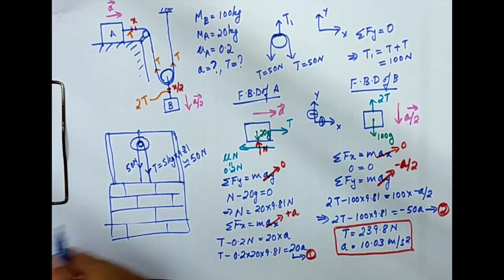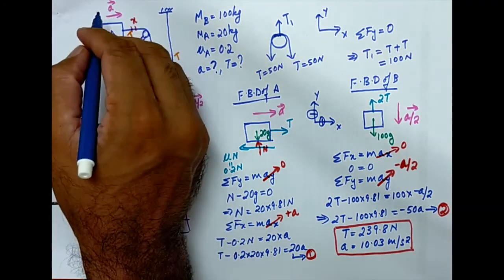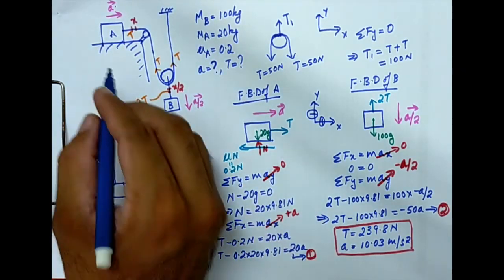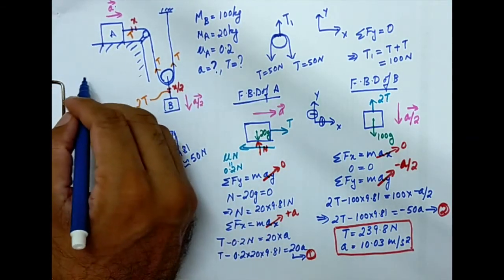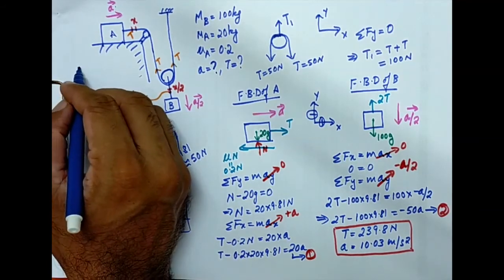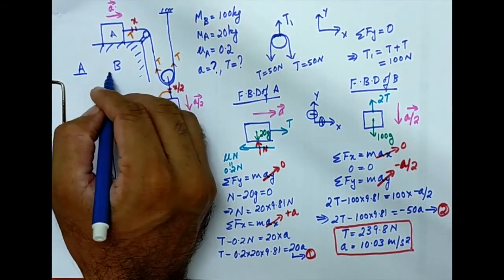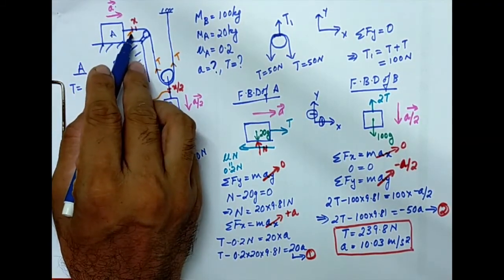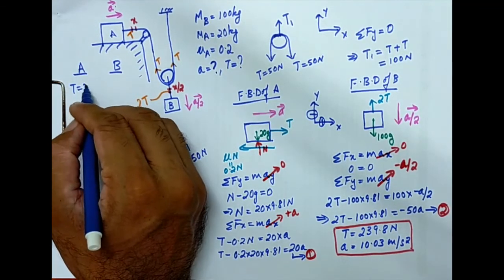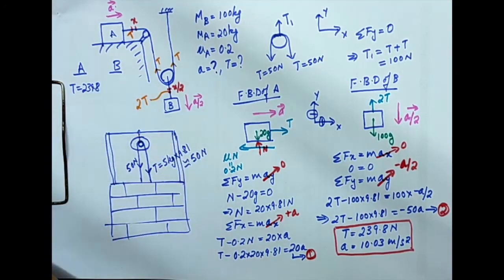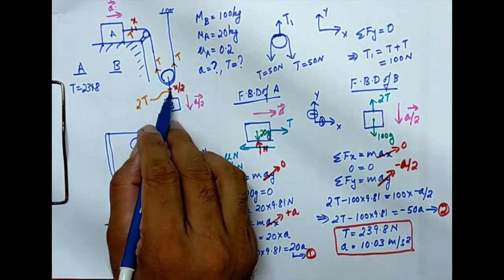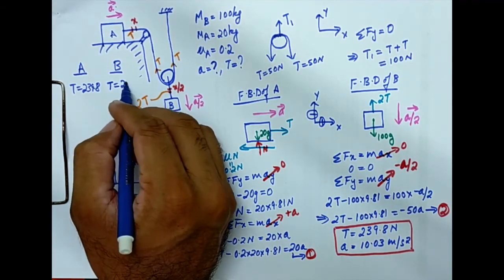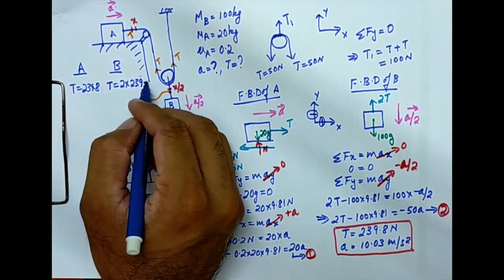So what I can do is I can have the condition for block A and block B. Tension in block A, I have the value as T itself, which is 239.8, and for block B, that is this cable, the tension is 2T, that is 2 into 239.8.